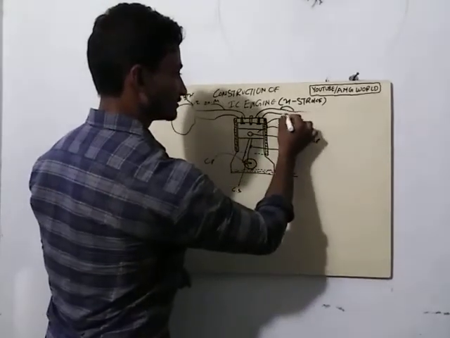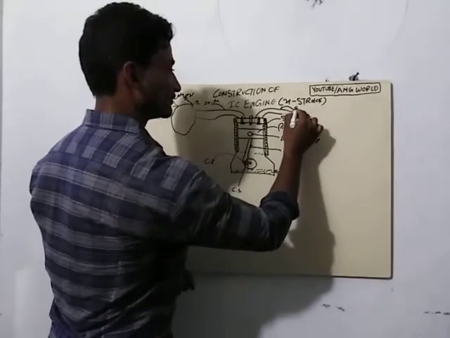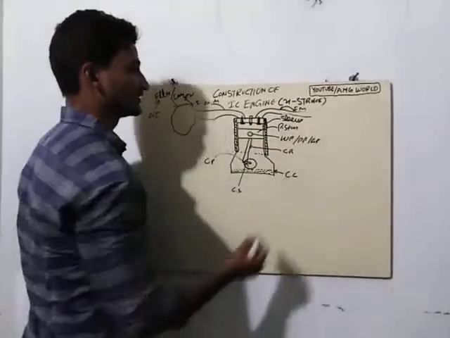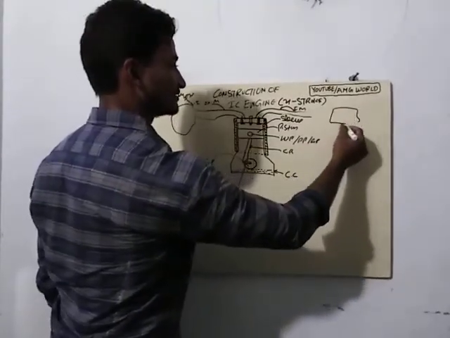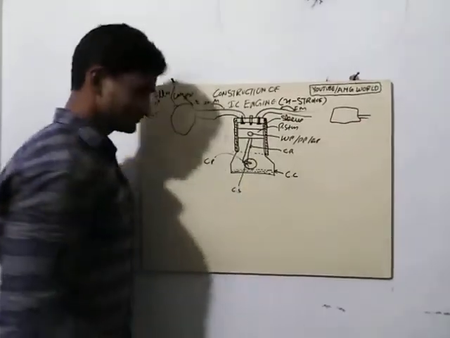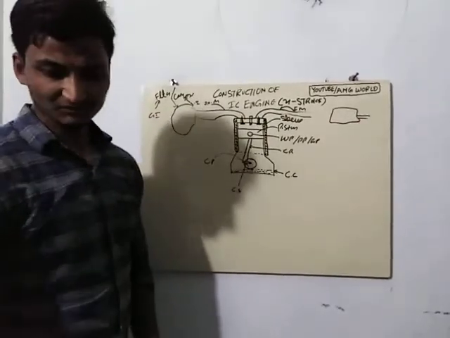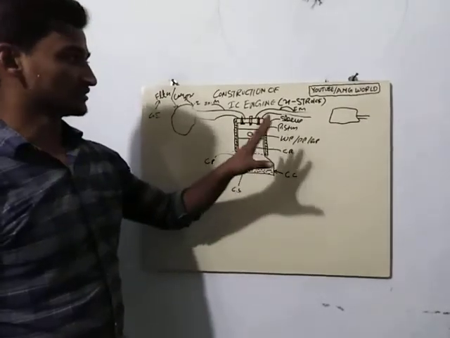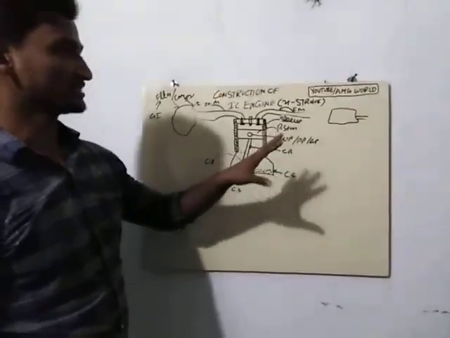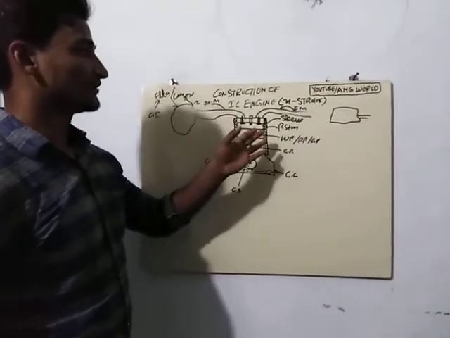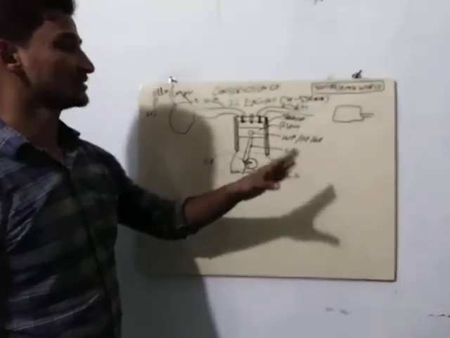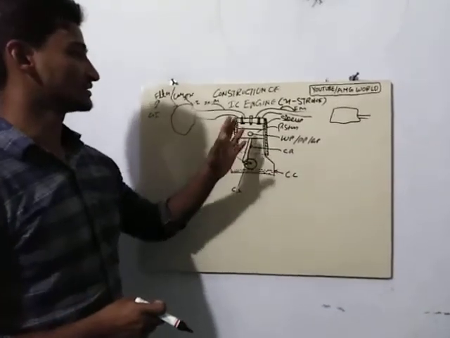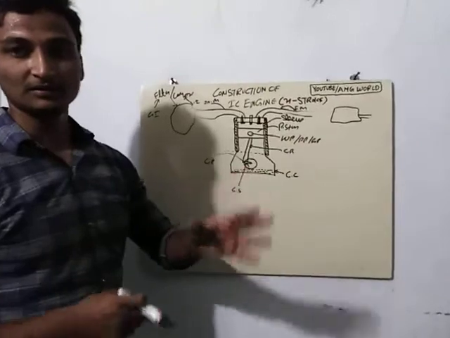this exhaust manifold pipe is going to be connected with a silencer. Now we are using BS6 engines, and in BS6 engines there will be additional devices called aftertreatment.